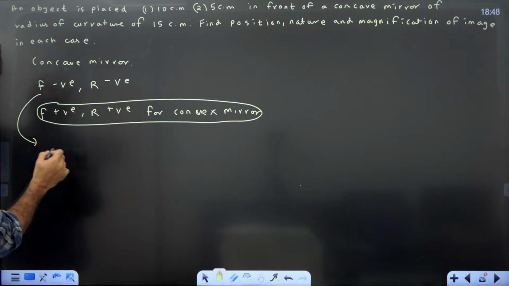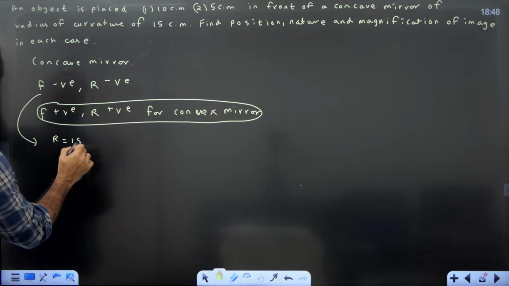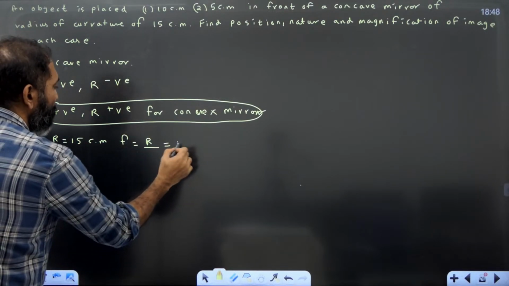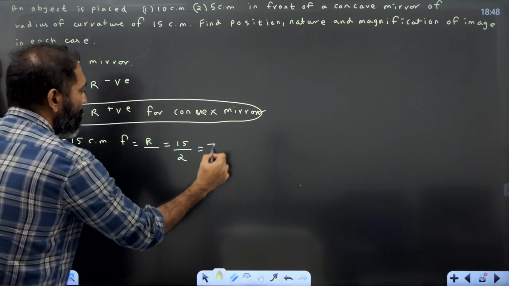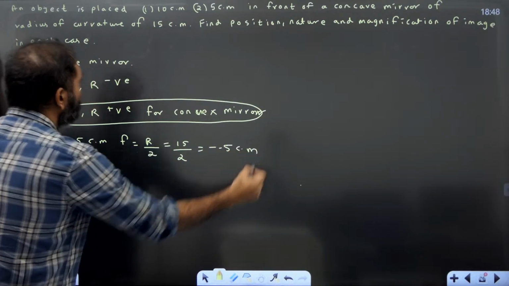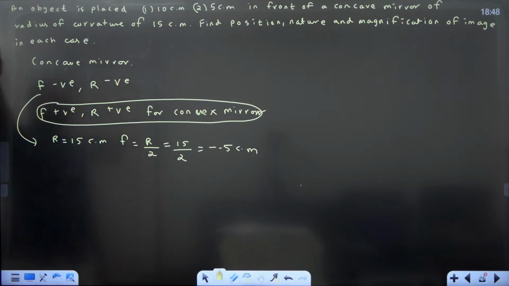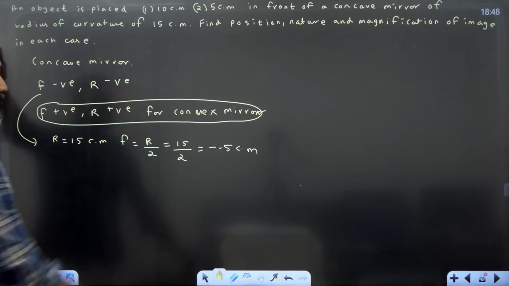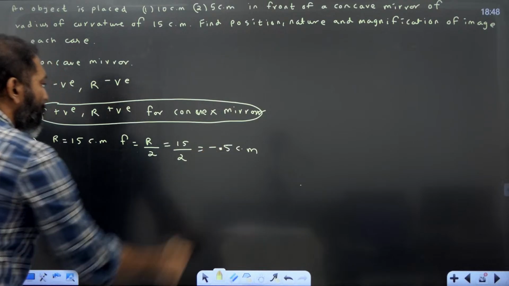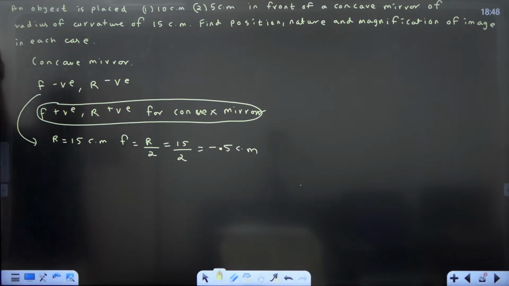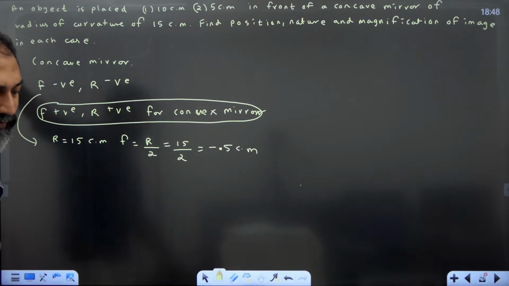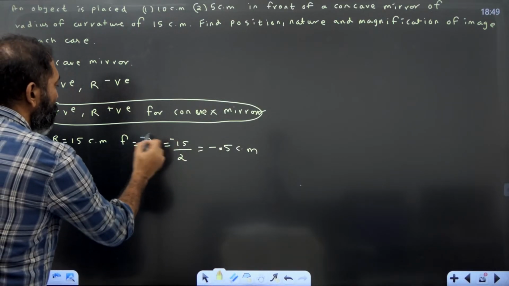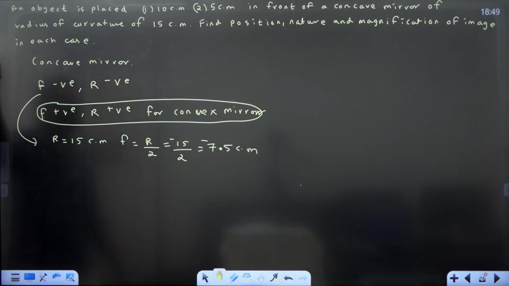So radius of curvature is 15 centimeter. What will be focal length? Radius of curvature by 2, so 15 by 2 is equal to 7.5 centimeter. It is minus because f is minus R by 2, so minus 7.5 centimeter.